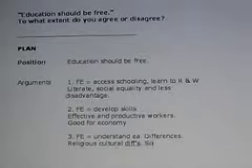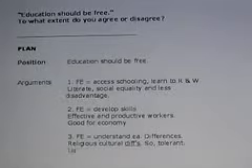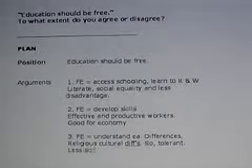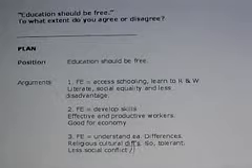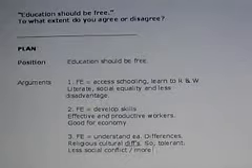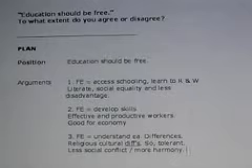So they will become more tolerant, and as a result there will be less social conflict, and there will be more social harmony. So there we have three arguments for free education: two social and one economic argument.